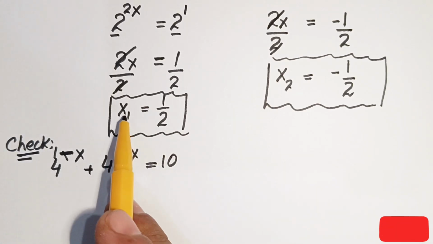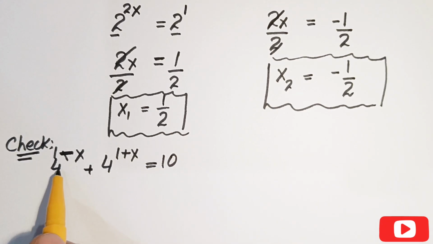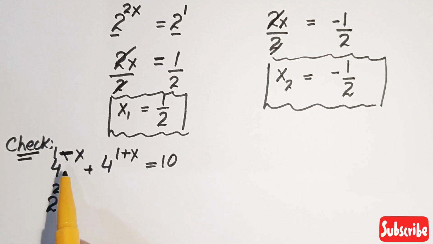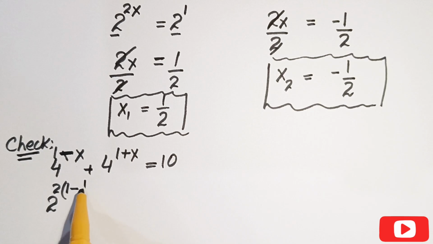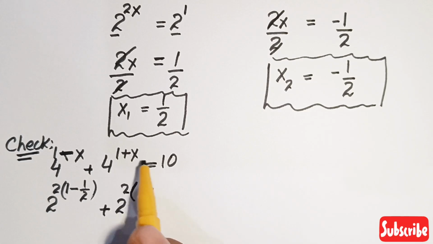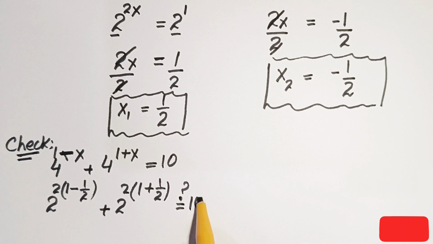So when x1 is equal to 1 over 2, this 4 can be written as 2 squared to the power 1 minus x, so 1 minus the value of x, which is 1 over 2. Similarly, this 4 is 2 squared to the power 1 plus the value of x, which is 1 over 2. Is it equal to 10?